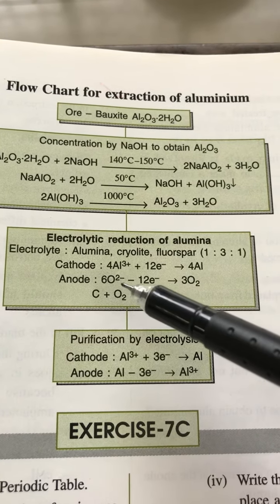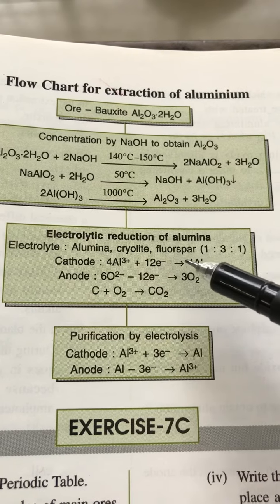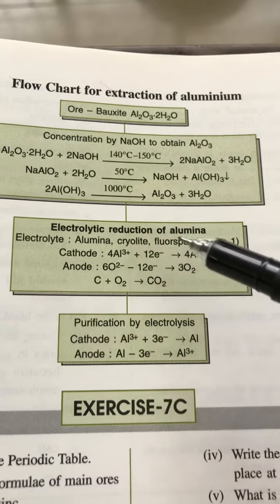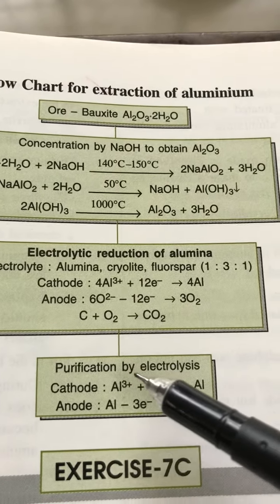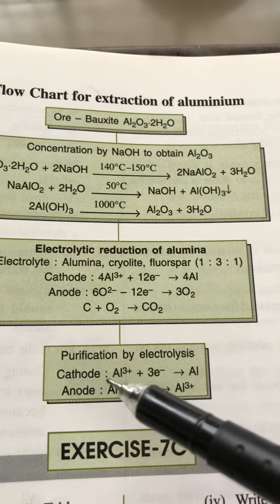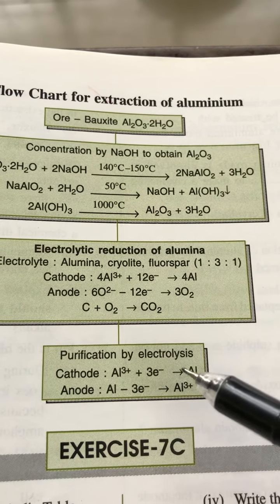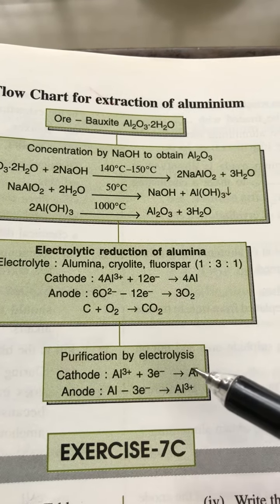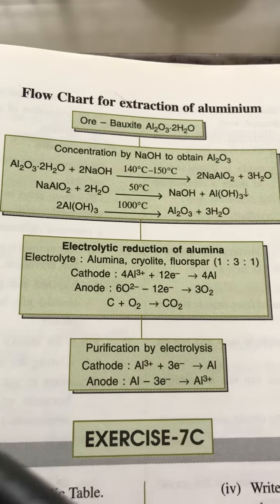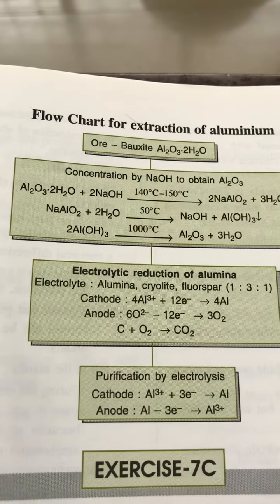At the cathode you will get aluminum, but this is not pure aluminum, as I said. Then we move on to purification by electrolysis, that is by Hoope's process. Here the aluminum you get is 99.9% pure. I hope you got this section, that is 7C.